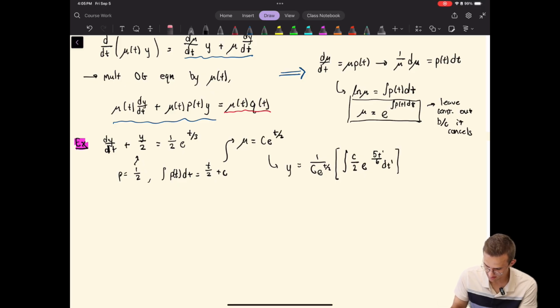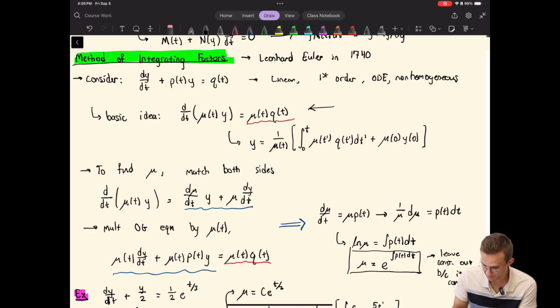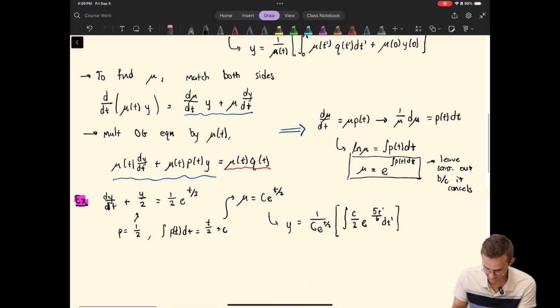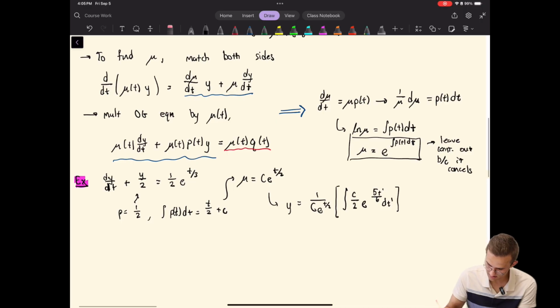Okay, so that's that integral of mu times q, and then mu of 0 times y of 0 on the right-hand side is just going to be contained in an integration constant.